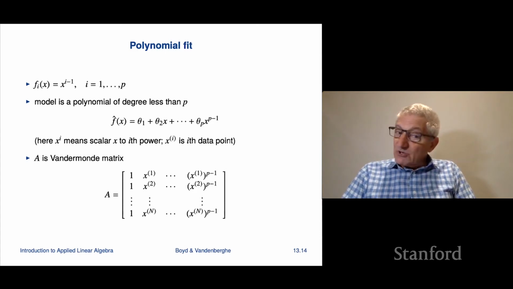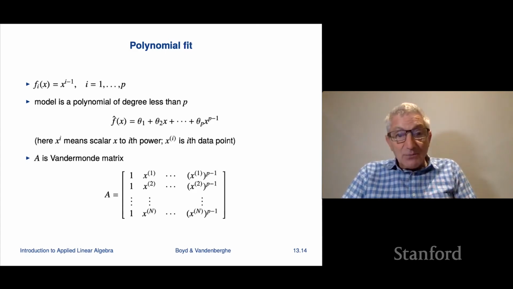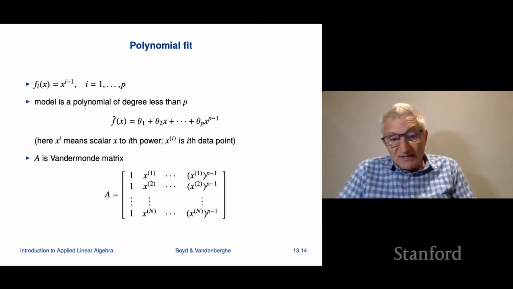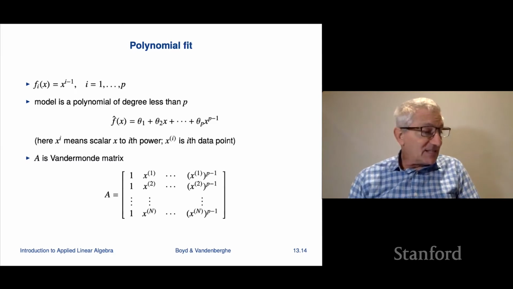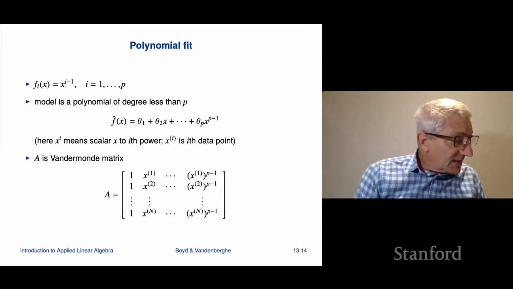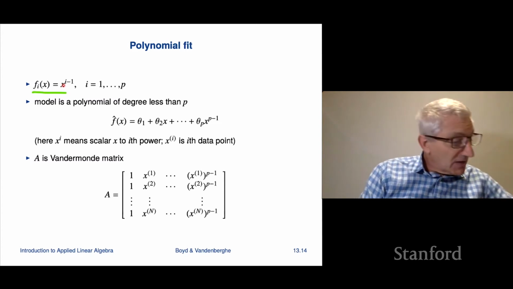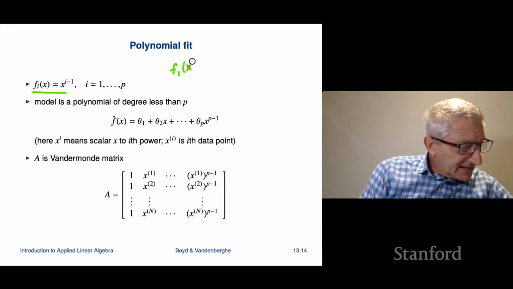Well, if you can do a straight line fit, the next obvious thing is to move to polynomials or something like that. But we'll see. You have lots of flexibility in how you choose your basis functions. So here we're going to take f_i of x is x to the i minus 1, for i equals 1 to p. So that means that f1 of x is equal to x to the 0, which is 1.